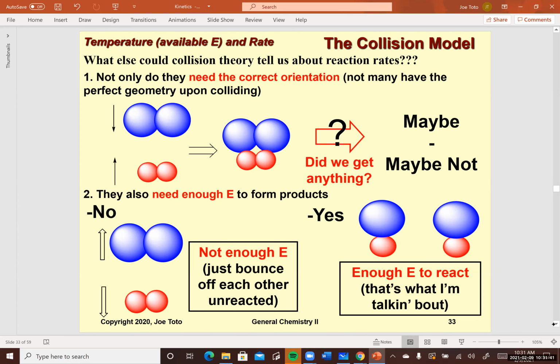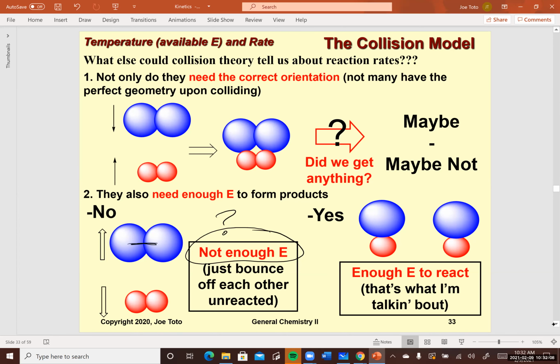If you think about it for a while, you'll say, well, sometimes when they hit, they don't have enough energy and they just bounce off each other and don't react. So what do they need the energy for? Anybody? To break bonds and form new ones.